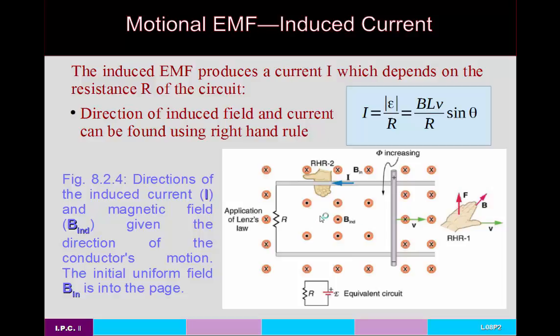If you move the bar in the other direction, then this magnetic field that's induced would need to be downward, and the current would flip directions, as would the location of both the positive and negative charge carriers here. Worth stating as well that basically what's happening when you induce this current is you move a charge carrier up here, and then instead of just ending up here, it has a closed loop to move around.